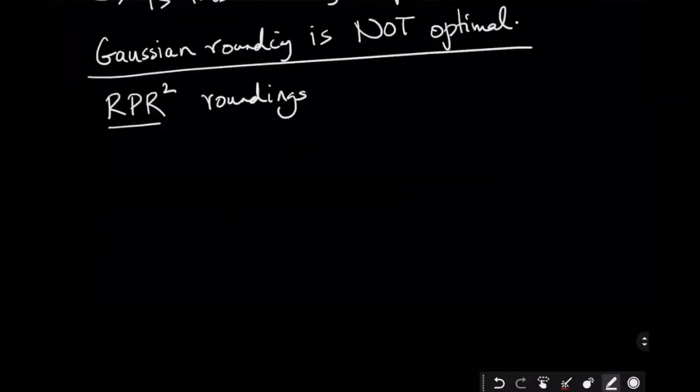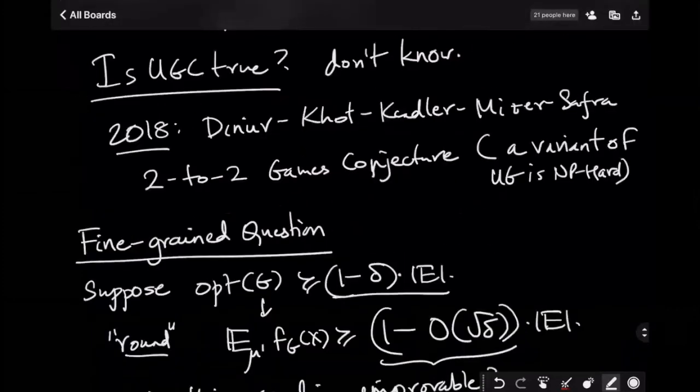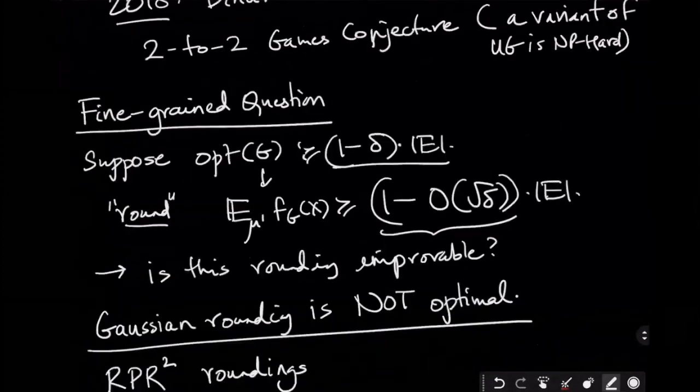So now, in the remaining 25 or so minutes, I want to tell you about why at least you can't hope to improve on this algorithm that we just saw with degree 2 sum of squares. Any questions till then?